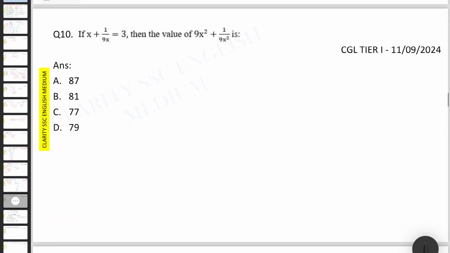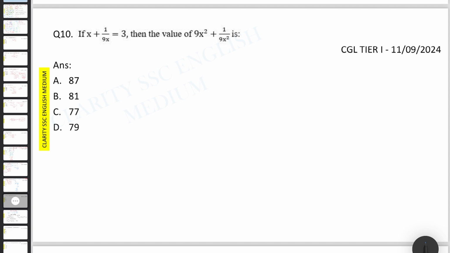The next question is question number 10, and it says that x plus 1 by 9x is equal to 3. Then find the value of 9x squared plus 1 by 9x squared. These are all questions that have been asked in previous year papers of the CGL or CHSL examinations conducted by the SSC.